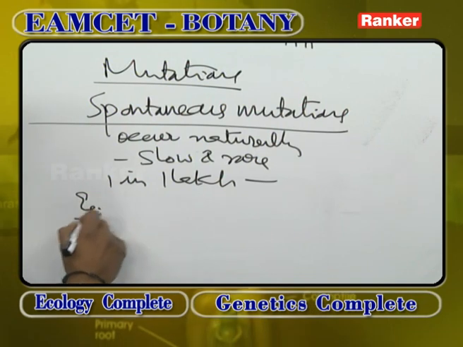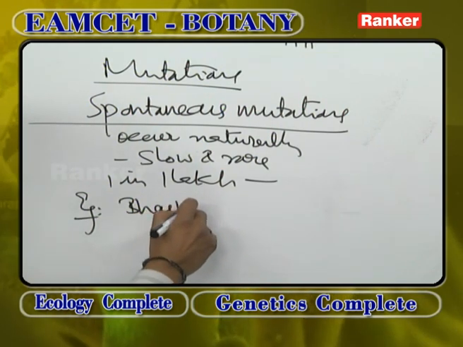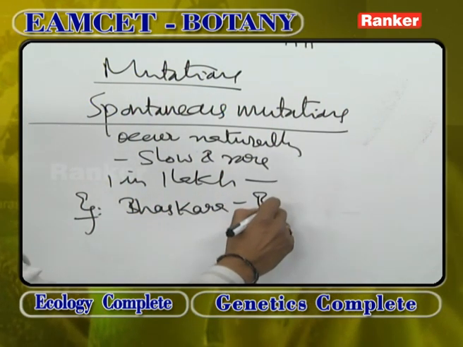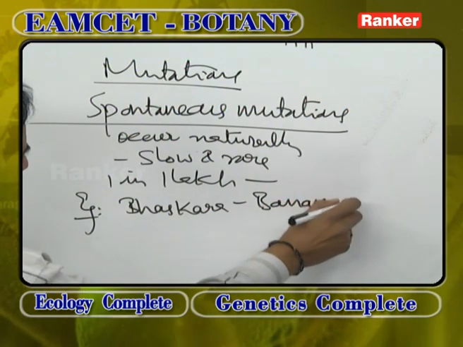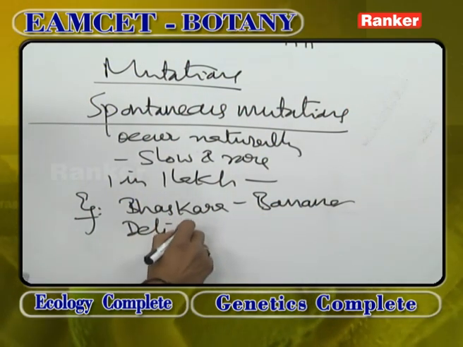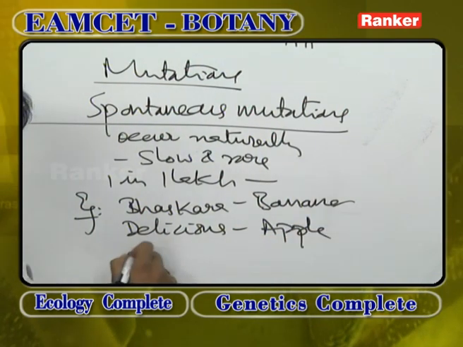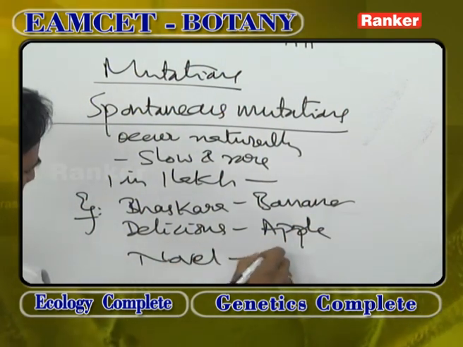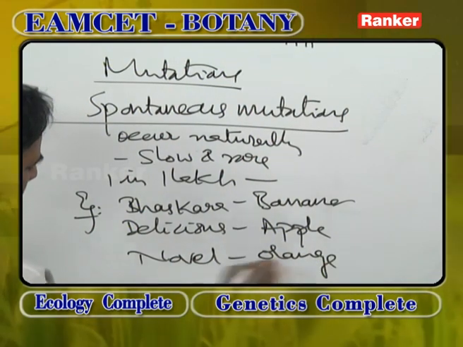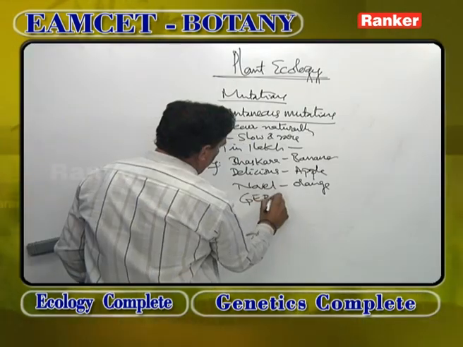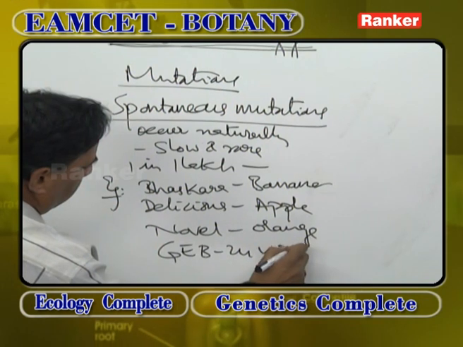But there are some achievements: Bhaskara variety of banana, delicious apple, novel variety of orange, and GEB24 variety of rice.